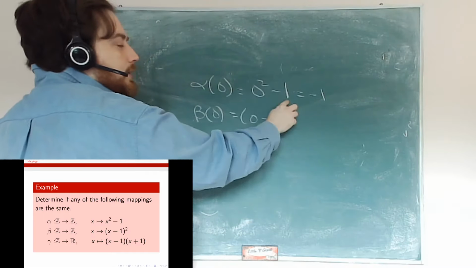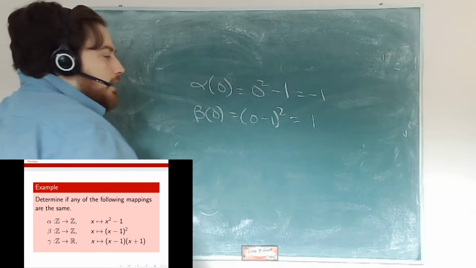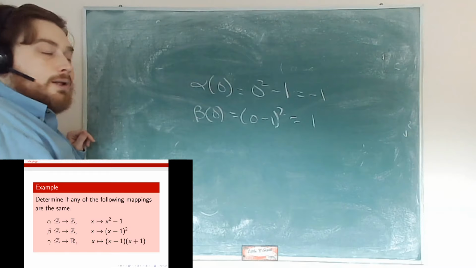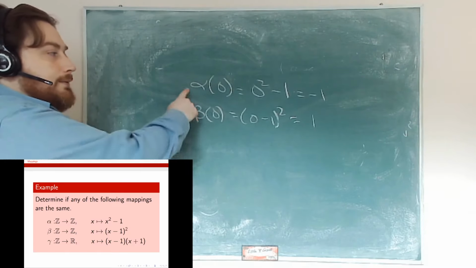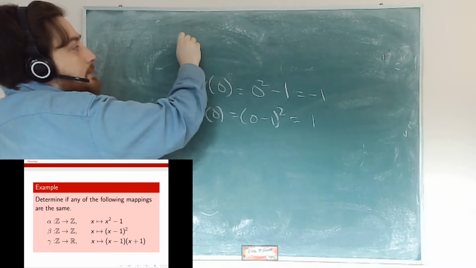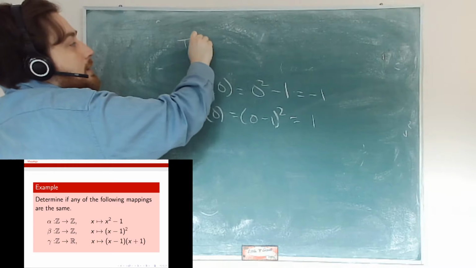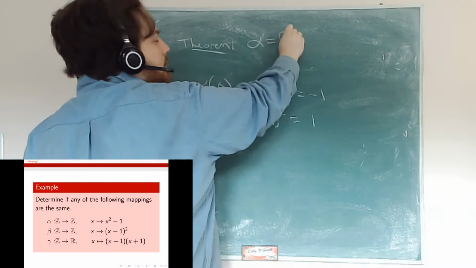So 0 squared minus 1 is negative 1, whereas (negative 1) squared is 1. So what we'll notice is that the first thing I tried here, alpha is not equal to beta. So we would claim alpha is not equal to beta. So we would say our theorem is alpha does not equal beta.